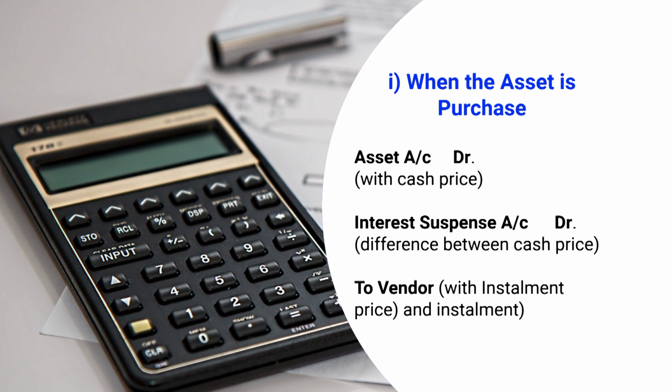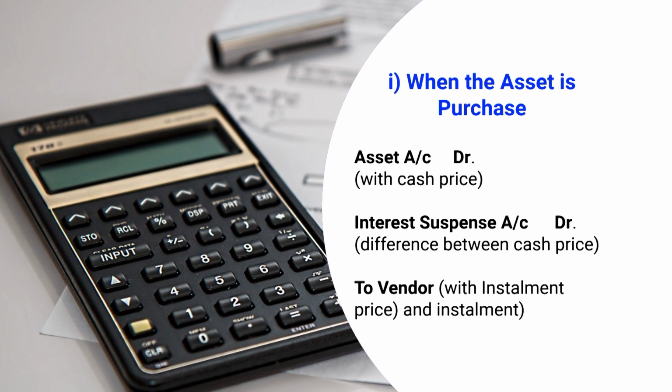So here the asset account has been debited with the amount of the cash price of the product. Then interest suspense account will be debited with the amount of difference between cash price and installment price. And then the third one is to vendor.